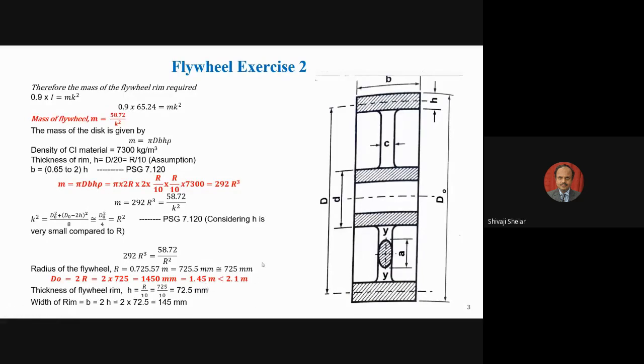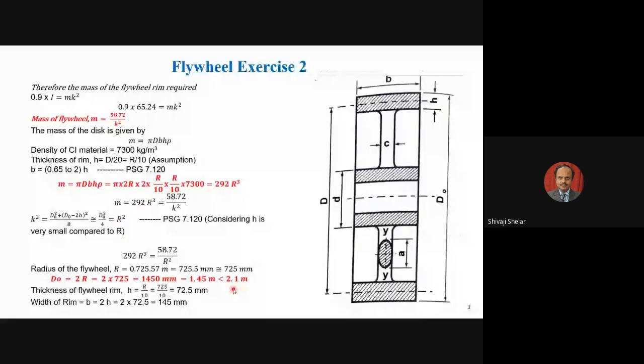Now, there may be a question why we are putting this limit of less than 2.1 meters. As your diameter increases, your peripheral speed increases, and if your peripheral speed increases, then the centrifugal forces are very dominant, and they may cause the failure of the rim surface or rim material, because centrifugal forces are directly proportional to the radius.